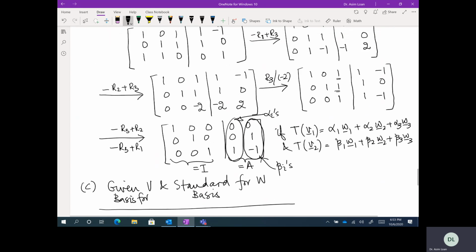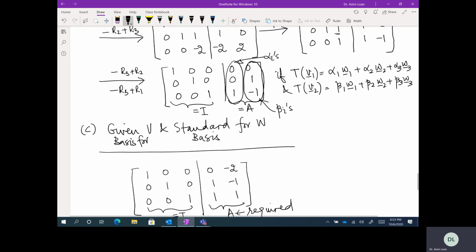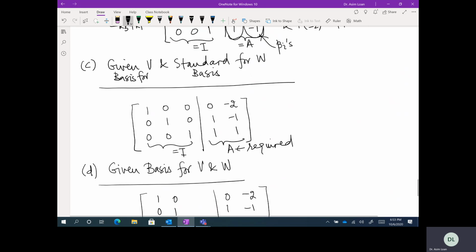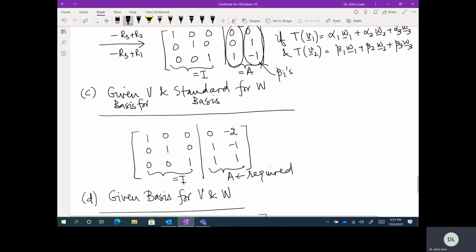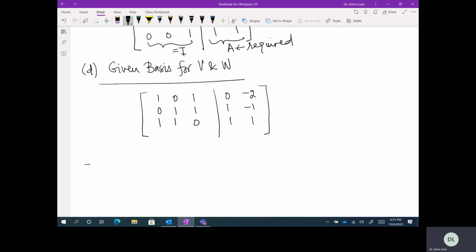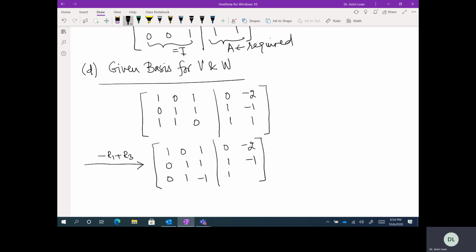And the given basis for W was 1 0 1, 0 1 1, 1 1 0. Again, if we do the transformation minus R1 plus R3, we'll get 1 0 1 0 minus 2, 0 1 1 1 minus 1, minus 1 plus 1 0, 1 minus 1 1, and minus 1 and 2 plus 1 is 3.